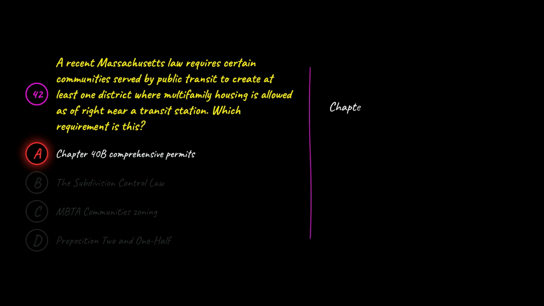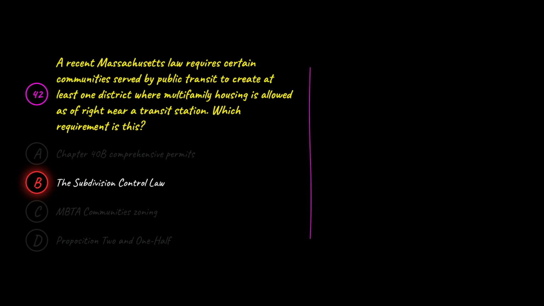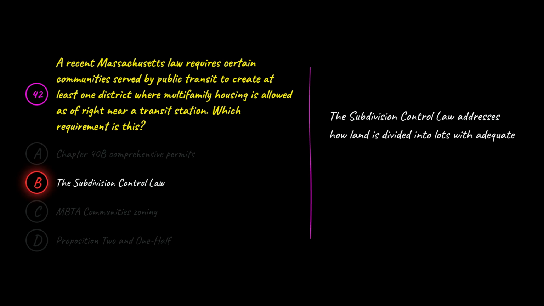A is wrong because Chapter 40B lets an affordable housing developer seek a comprehensive permit where a town is under the affordable threshold. It works project by project and does not require towns to pre-zone multifamily districts near transit. B is wrong because the subdivision control law addresses how land is divided into lots with adequate access.